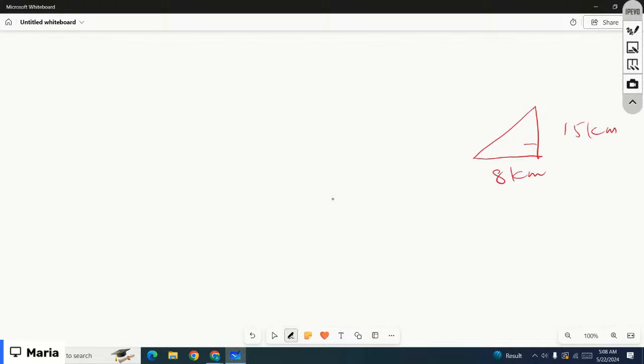You have to find the hypotenuse. So how do we find? We know that C square equals A square plus B square, right?